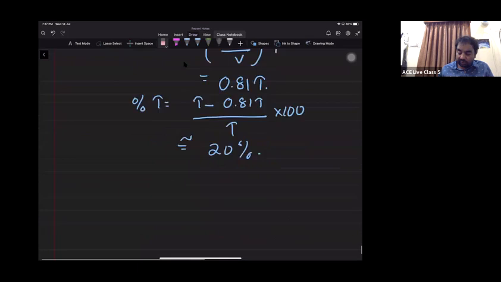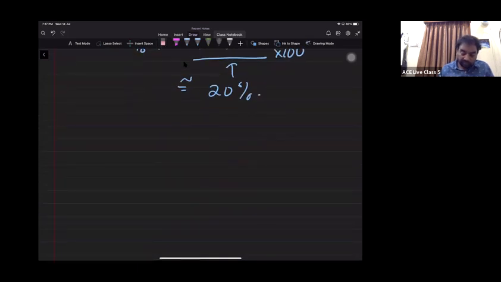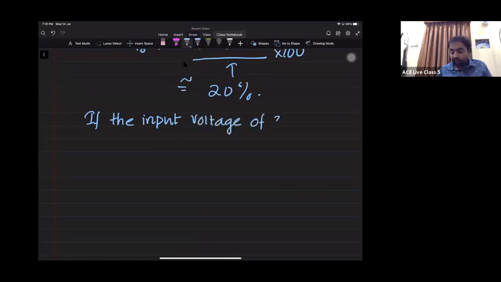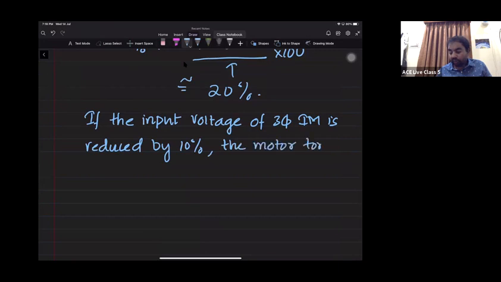So I can write it like this. If the input voltage of a three-phase induction motor is reduced by 10%, the motor torque reduces approximately by 20%.